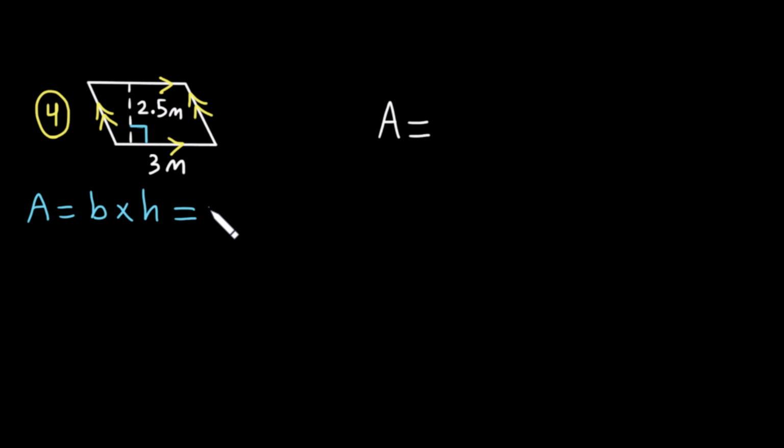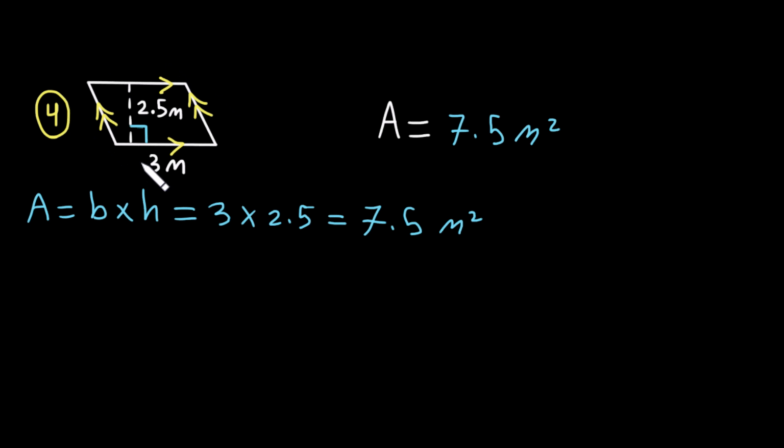The base is 3, multiplied by the height, which is 2.5. 3 multiplied by 2.5 is like 2.5 plus 2.5 plus 2.5, which is 7.5, because 2.5 plus 2.5 is 5, plus 2.5 is 7.5 square meters. So the area of this parallelogram is 7.5 square meters. Now let's take the last example.